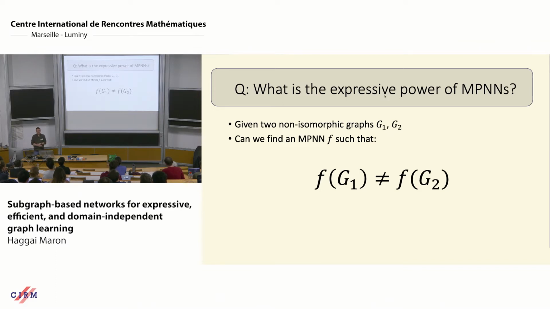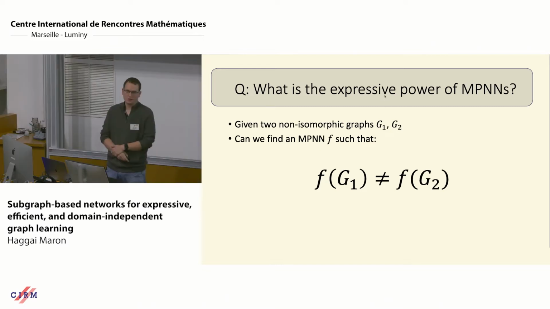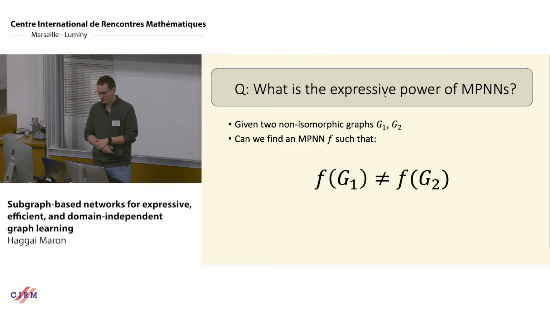This brings us to the topic of expressive power. Let me explain what is expressive power for graph neural networks. Let's assume that I get two non-isomorphic graphs, G1 and G2. The question is whether a message passing neural network, or a GNN in general, can separate them.